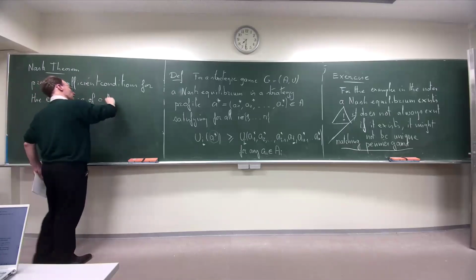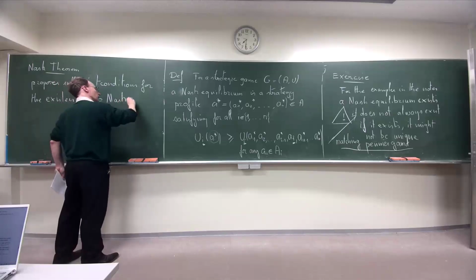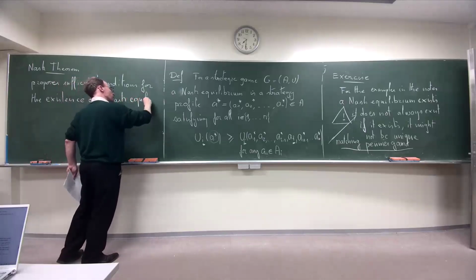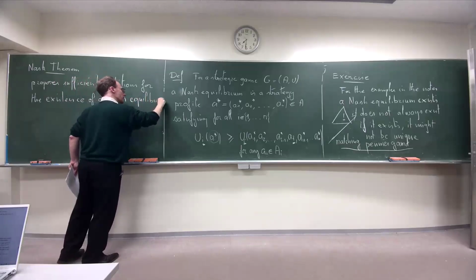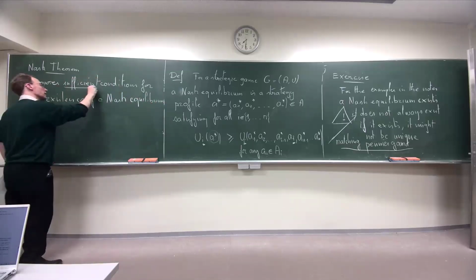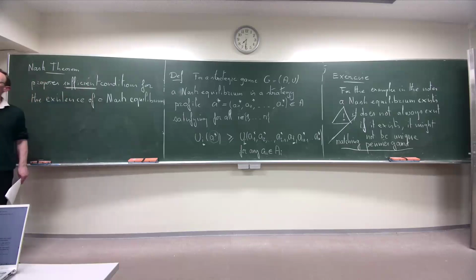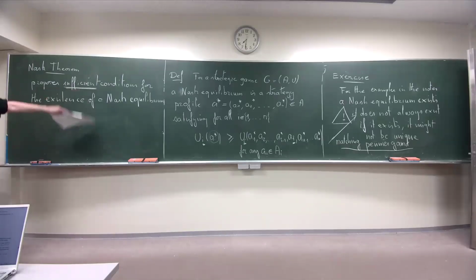for the existence of a Nash equilibrium. But be careful with what I have written. When I write sufficient, it means if you satisfy the conditions I'm going to write, you have a Nash equilibrium, but it doesn't mean if you don't have these conditions, you don't have a Nash equilibrium.